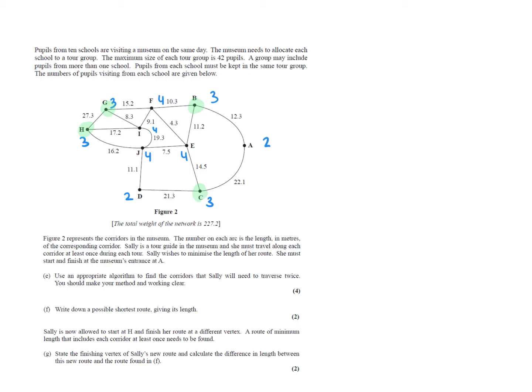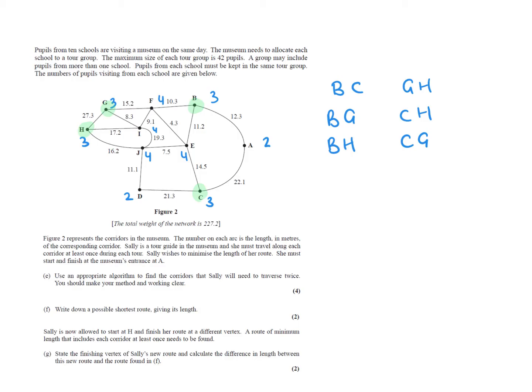We're going to write these in alphabetical order: B, C, G, H. Then we're going to have BG, CH, BH, CG. Now we are going to, by inspection, have a look at the shortest route between B and C. I think it's BEC.